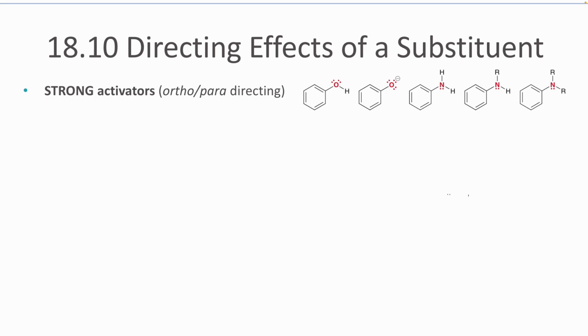So we have what we call our strong activators here, meaning ortho-para directors. Again, we call them activators because they make benzene an even better nucleophile by donating electrons.